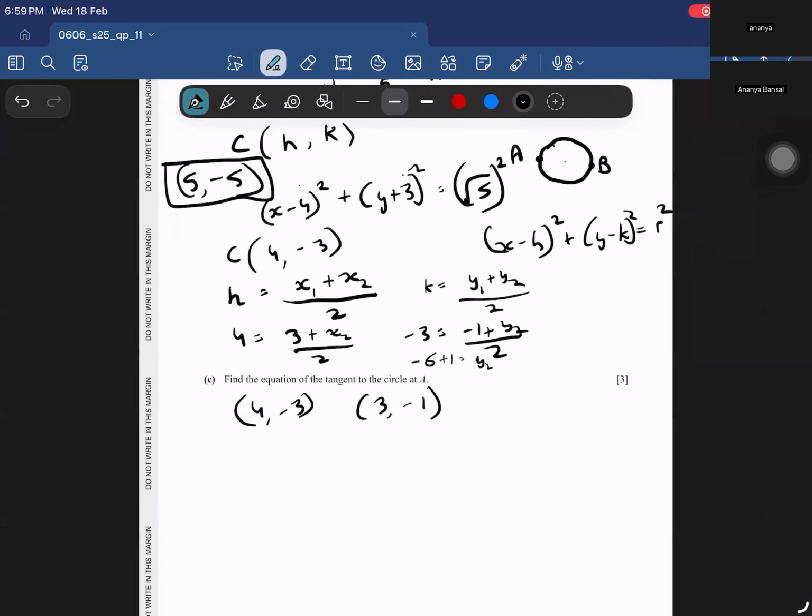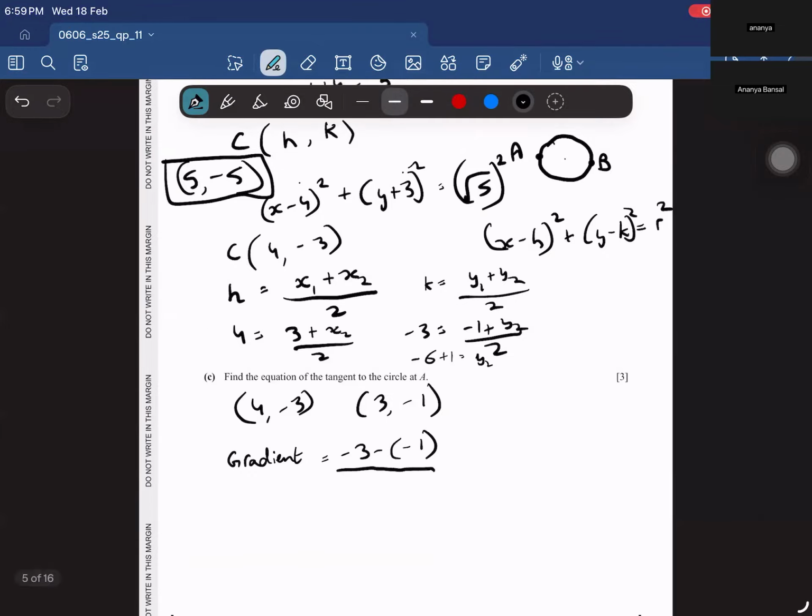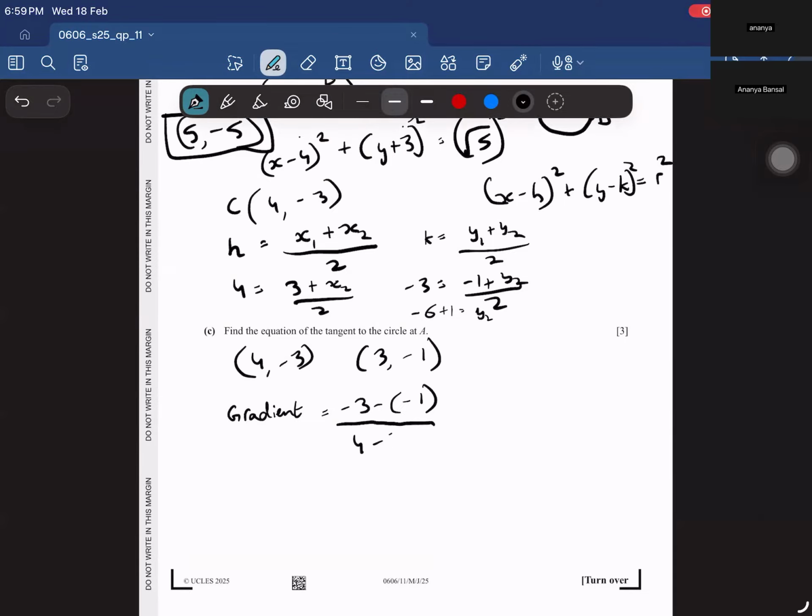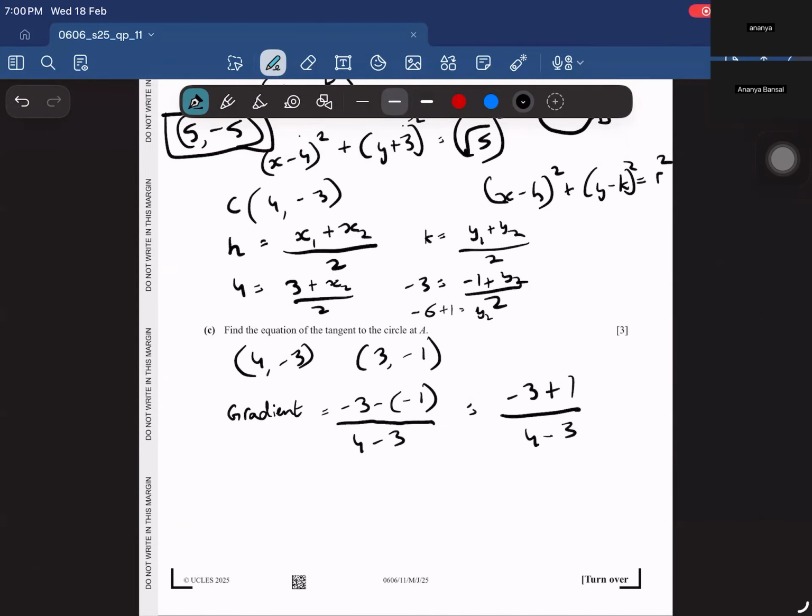So the gradient is (y1 minus y2) over (x1 minus x2), which gives me (-3 plus 1) over (4 minus 3), which gives me negative 2 over 1. So gradient equals negative 2.